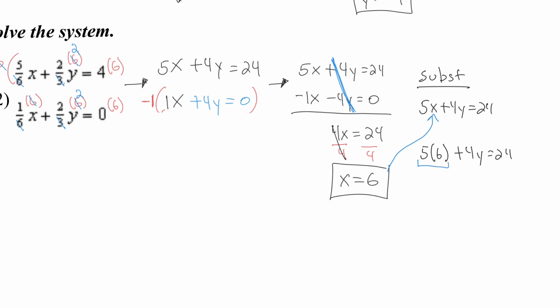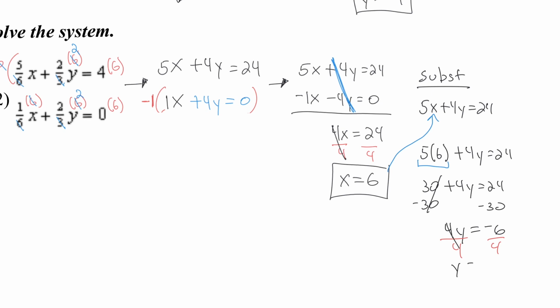Multiply 5 times 6. 30 plus 4y equals 24. Subtract 30 from both sides. 4y equals negative 6. Divide by 4.